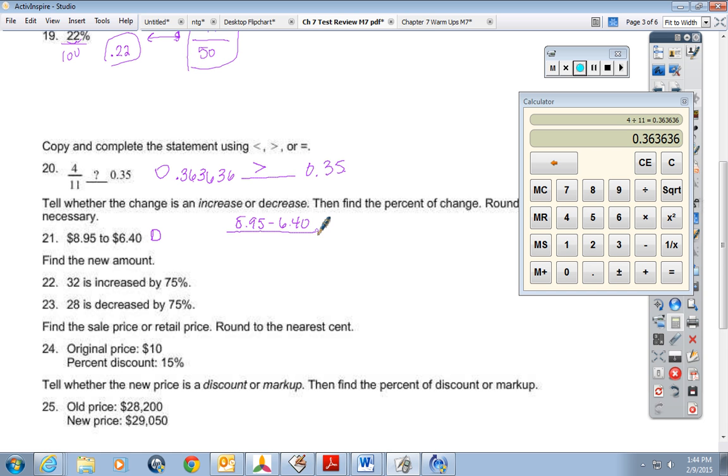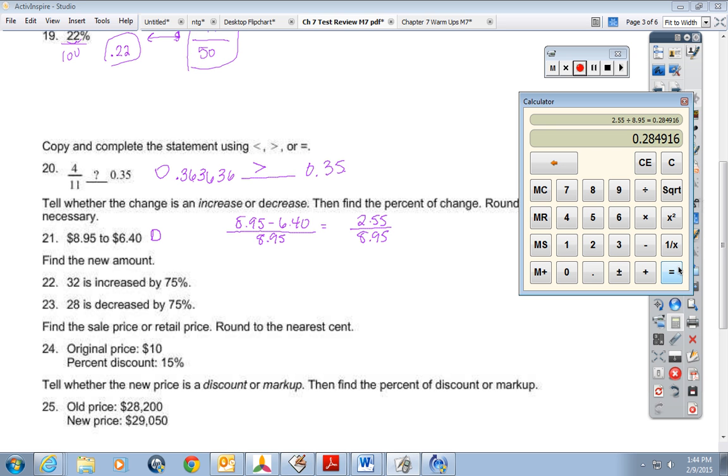So I'm going to take $8.95 minus $6.40, and that gives me $2.55. Am I done? Nope. I got to divide $2.55 by $8.95, and I get a decimal. Am I done? No, because I need it as a percent.